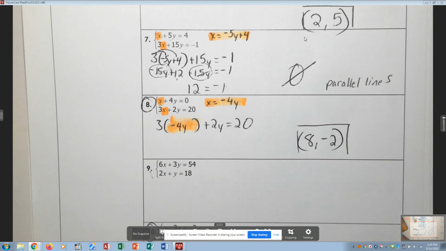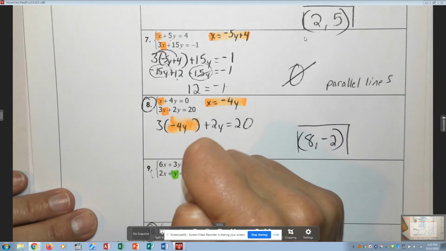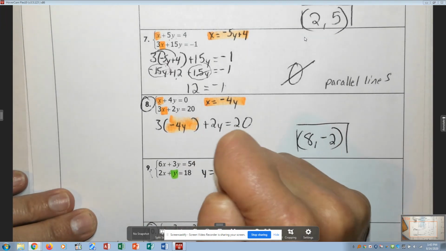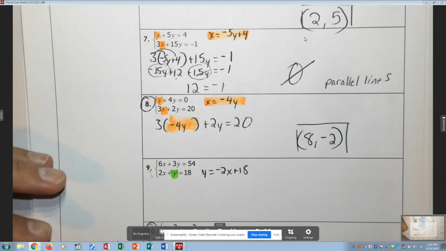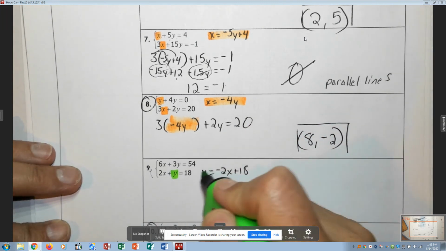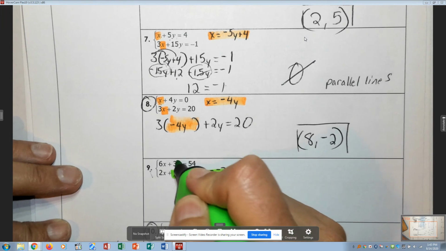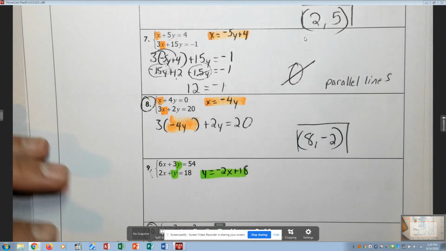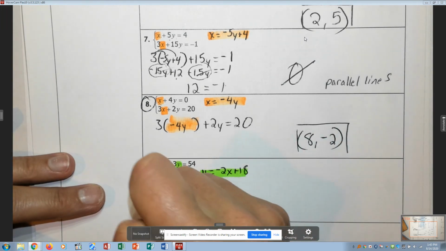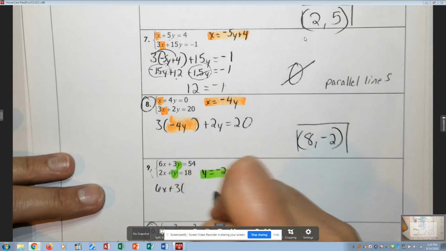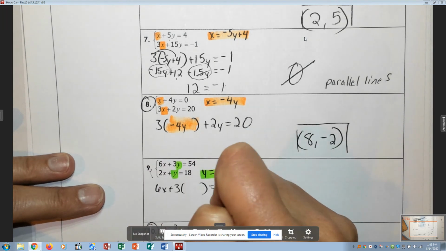So 9, where is my naked variable? My naked variable is right here. So I'm going to rewrite this as y equals negative 2x plus 18. Okay, so if y is equal to this, I'm going to plug it in for that y. Combine my two equations. So 6x plus 3y equals 54.